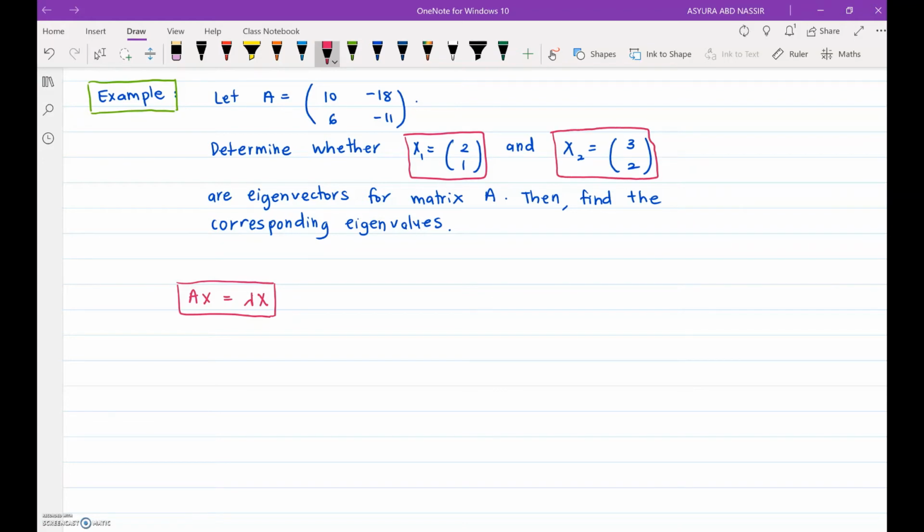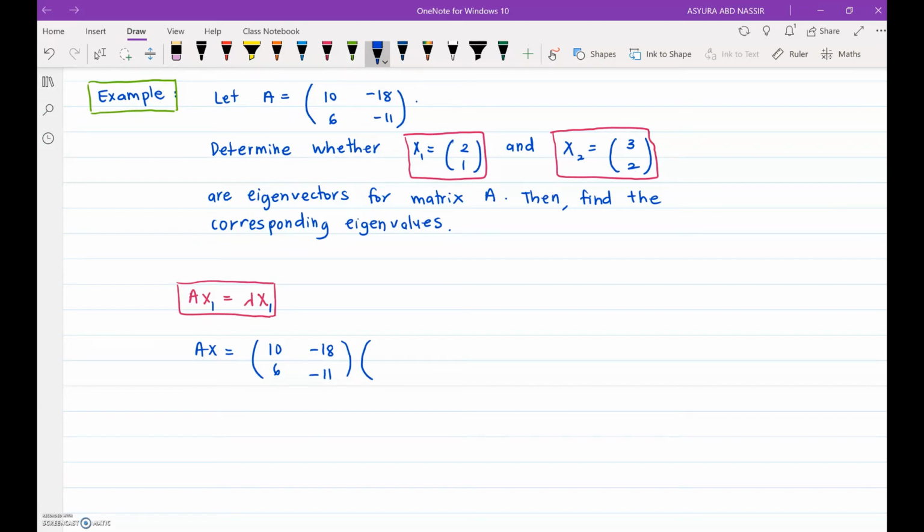To determine whether these two are eigenvectors for matrix A, we will follow the formula. So Ax will be the matrix 10, negative 18, 6, negative 11 times x. Let's say the first one is Ax1 equals lambda 1 x1.